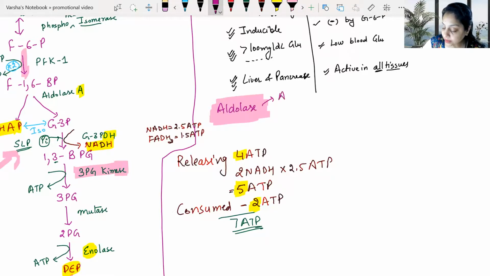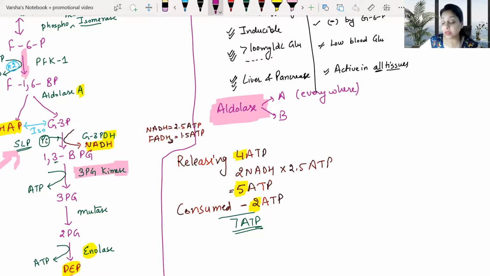Aldolase A is there, aldolase B is there. Aldolase A is found almost everywhere. Glycolysis is happening in all kinds of cells, so we will stick A with glycolysis, because that is the primary cycle.